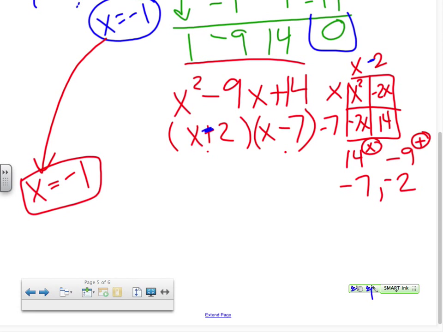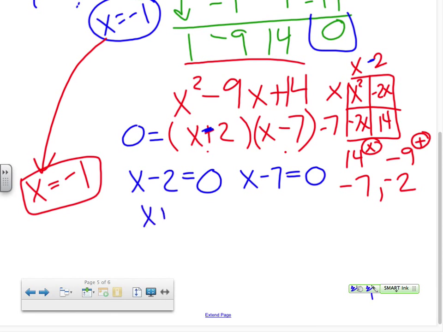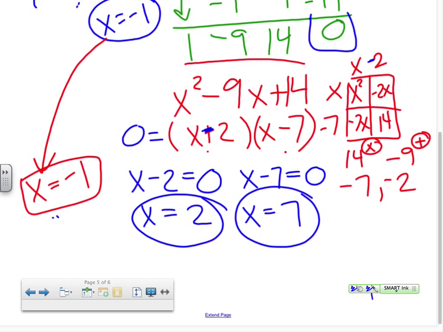Alright, so then I will set them both equal to 0. So x minus 2 equals 0. x minus 7 equals 0. That gives me the two additional solutions to what I have over here of x equals 2 and x equals 7. So those are my 3 zeros. And just make a note.